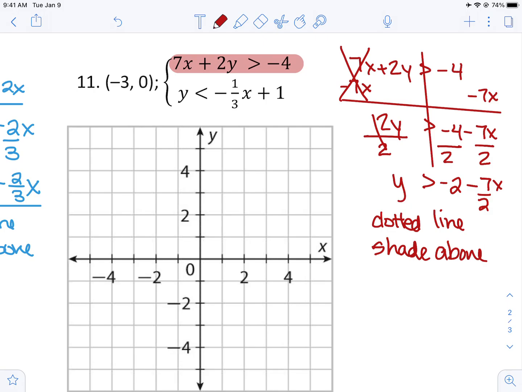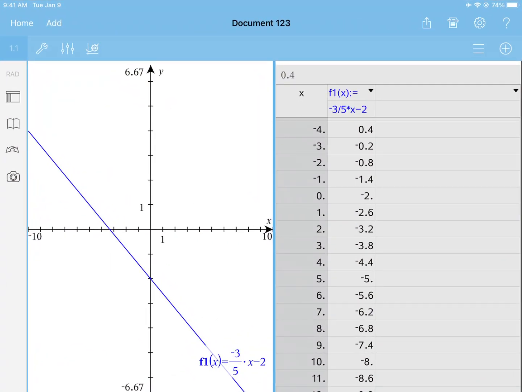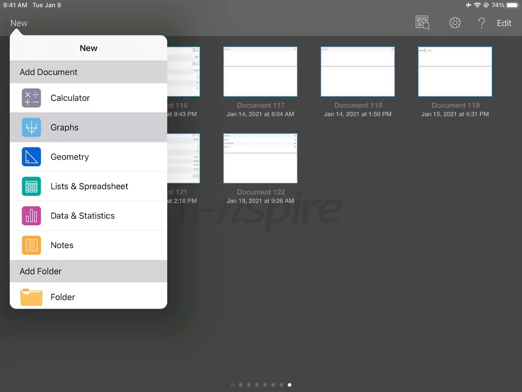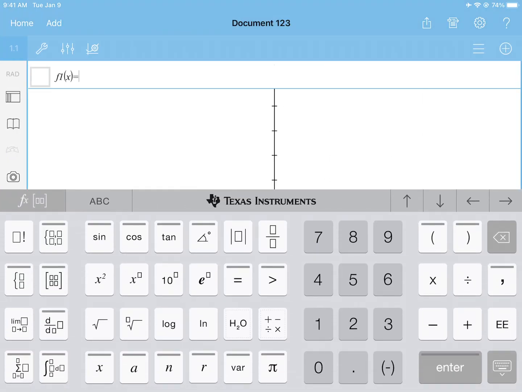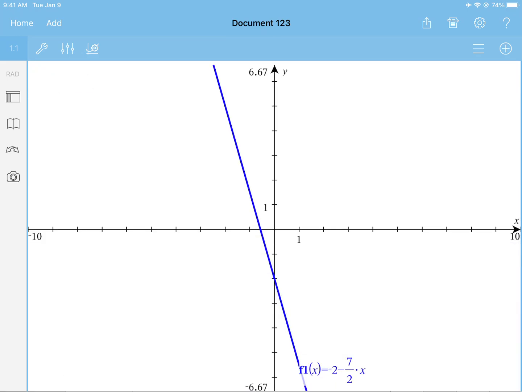So now I go to my calculator and I'm going to type in -2 minus 7/2 x.